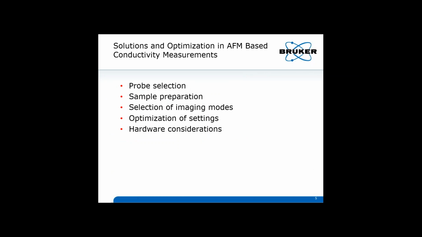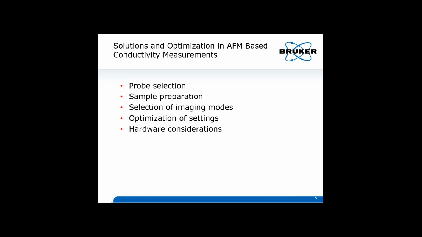After understanding the working principle, it's not hard to identify the areas of solutions and optimization techniques in AFM-based conductivity measurements, including probe selection. We need to consider the spring constant and the front side coating specifically. Second, sample preparation.